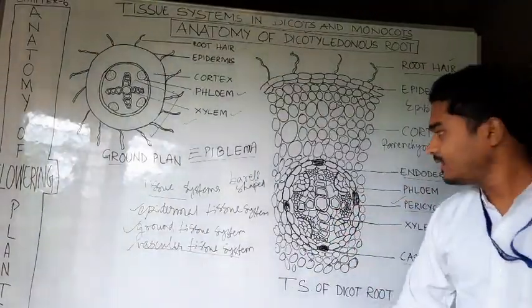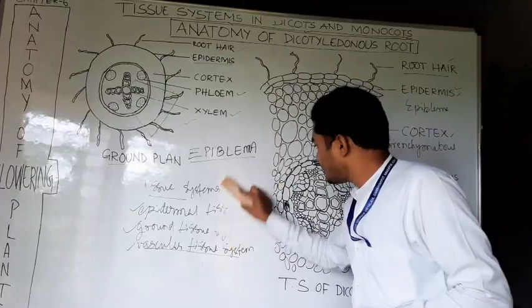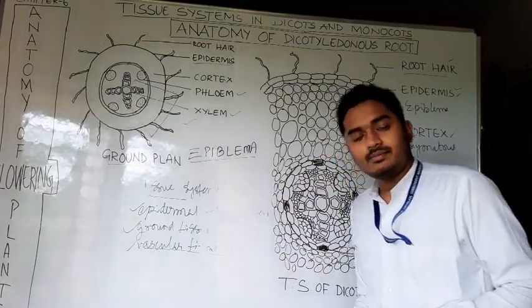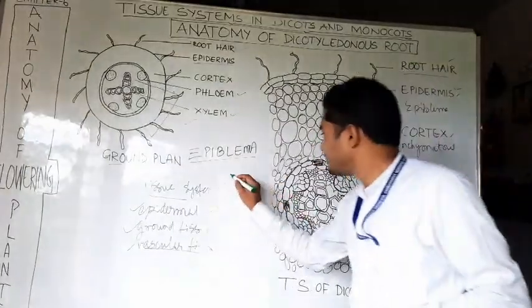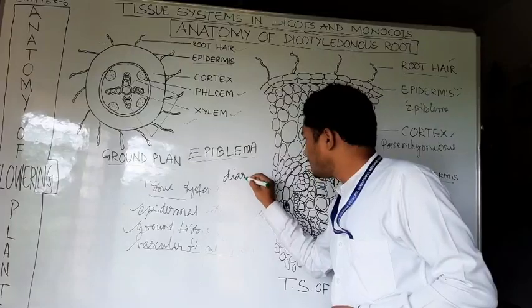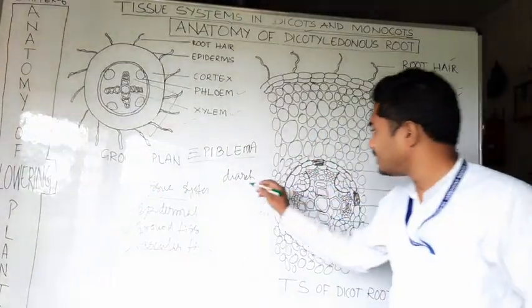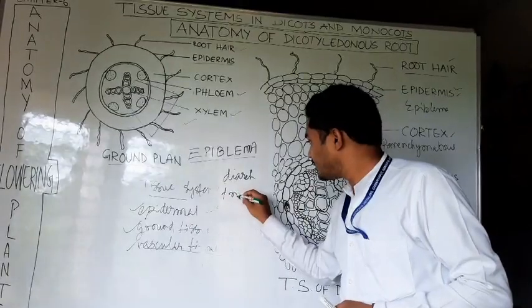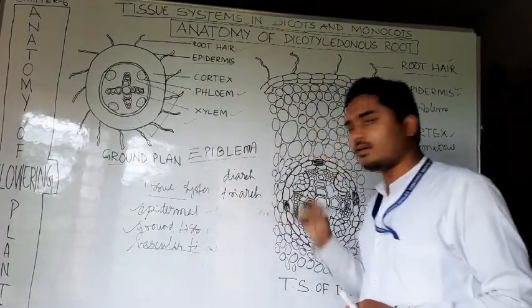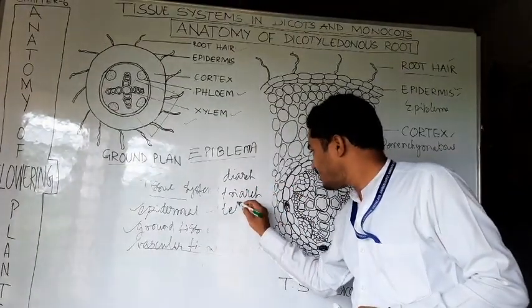Accordingly these are named: if the vascular bundles or patches are 2, then it is diarch; if it is 3, then it is triarch; 4, tetrarch.